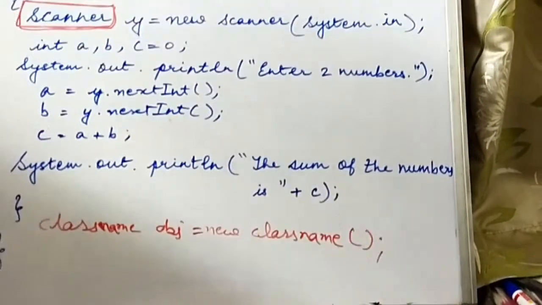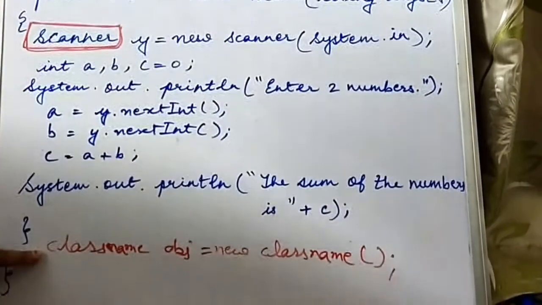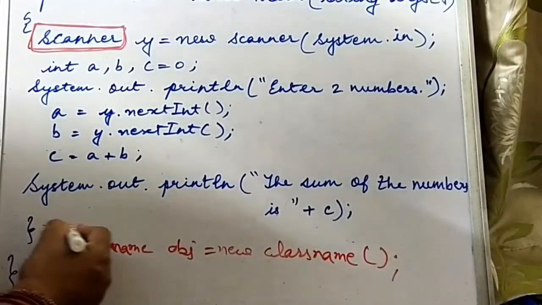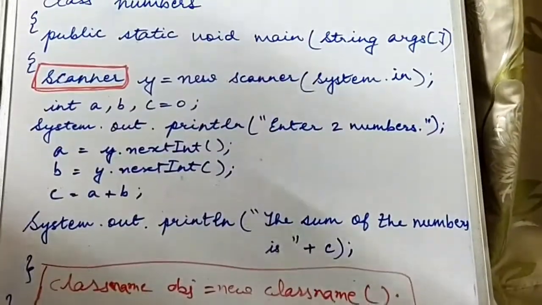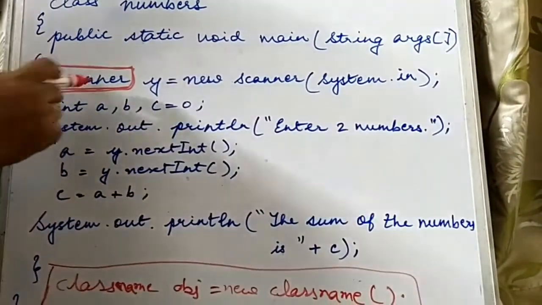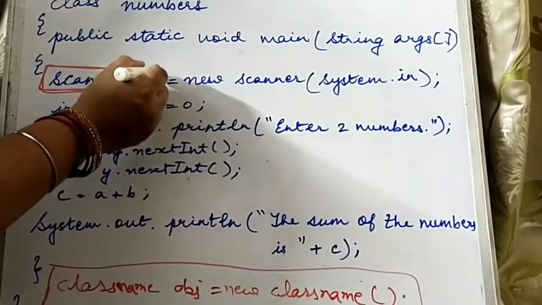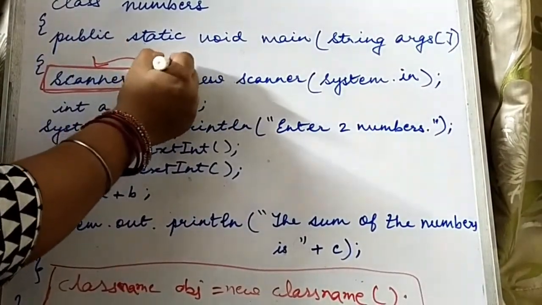So this line is the syntax for how to create an object. Here also, in the same way, I have created the object of Scanner, where y is the object of the Scanner class.